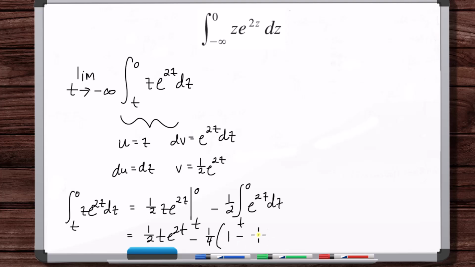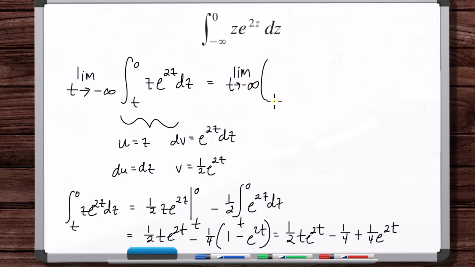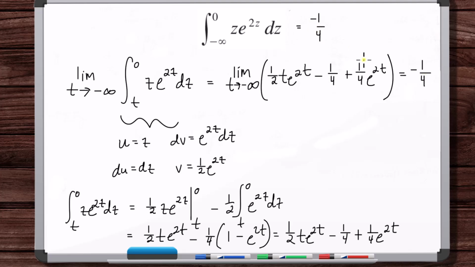So e to the 0 is 1. As t approaches negative infinity, this approaches 0, this approaches 0, so this approaches minus 1/4. This converges to minus 1/4.